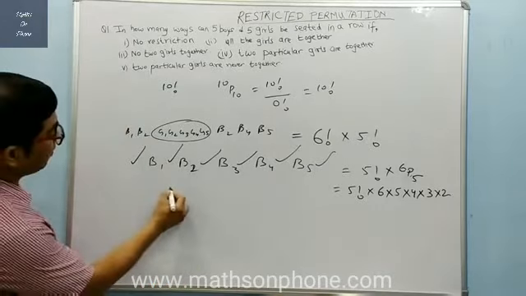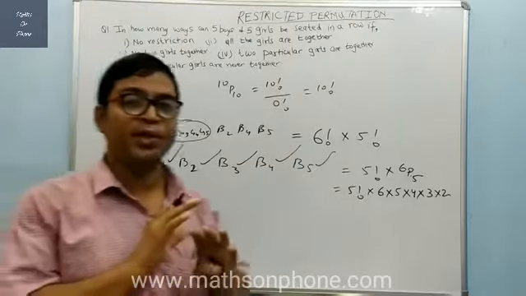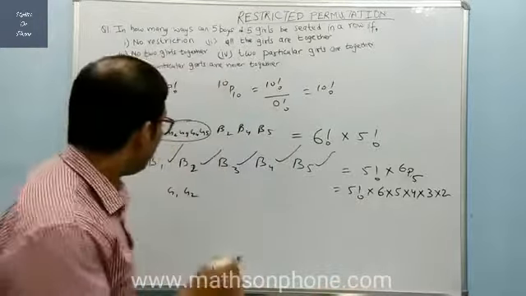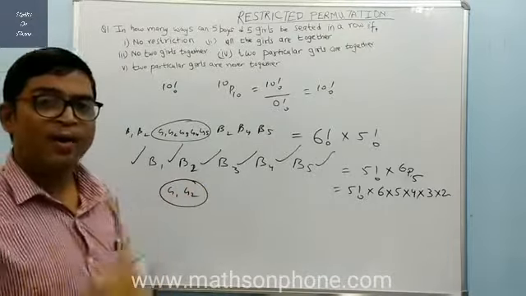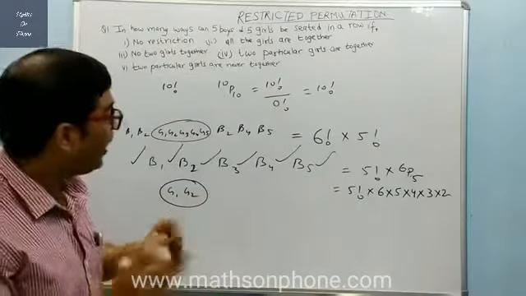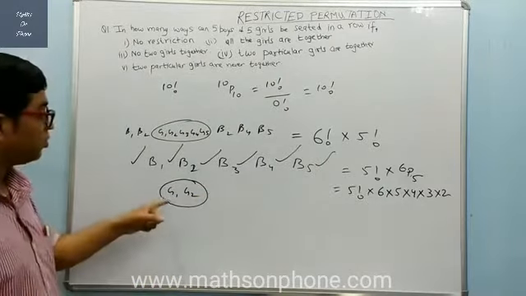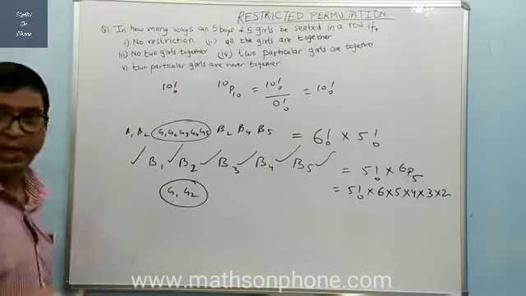That means 2 girls, suppose G1 and G2, they just insist that they will be sitting all the time together. So what we will be doing? We will be keeping them in a bag. String method. 2 girls in the bag. How many items now left over? 2 girls have been taken. 10 students were there, 8 students are there.